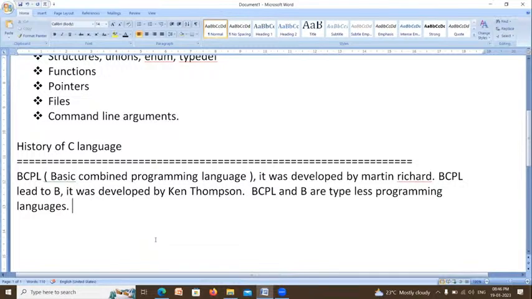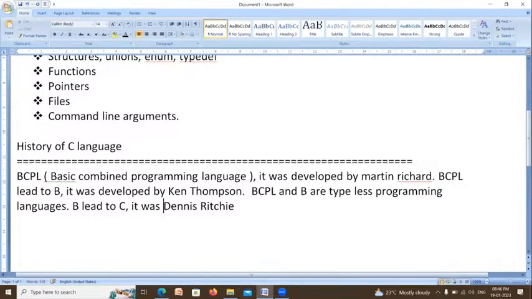Then there is a person called Dennis Ritchie. He developed a new programming language which supports data types and named it C. What is the next language after B? He named it C. So B led to C. From the B language, the C language was developed.